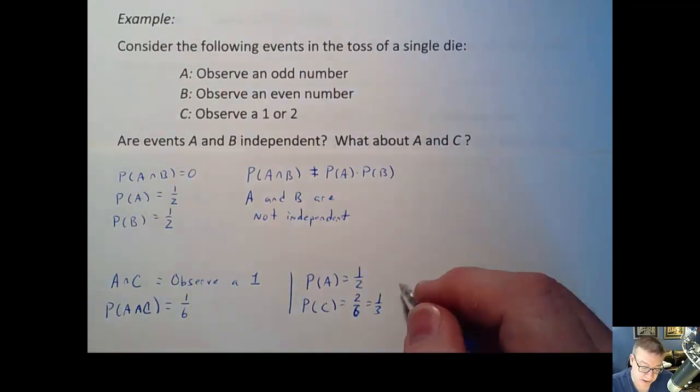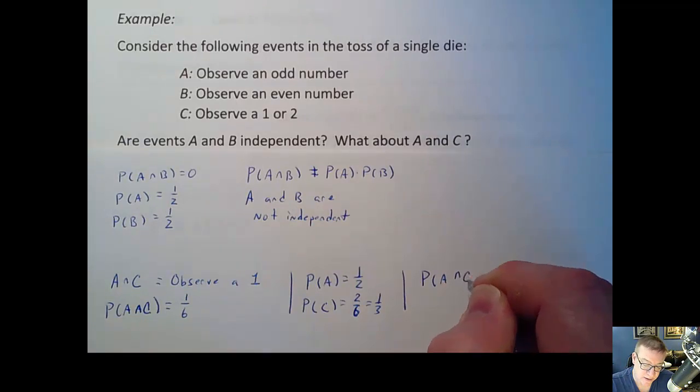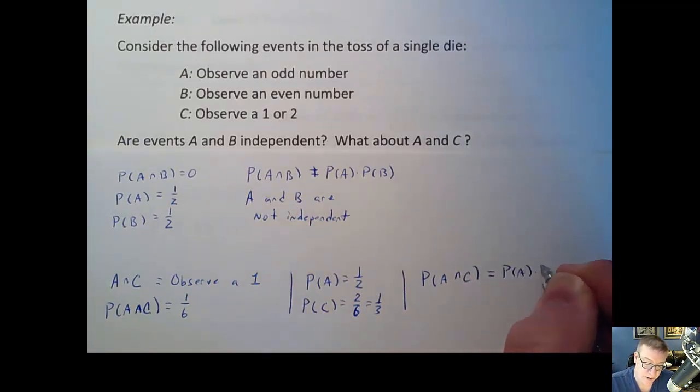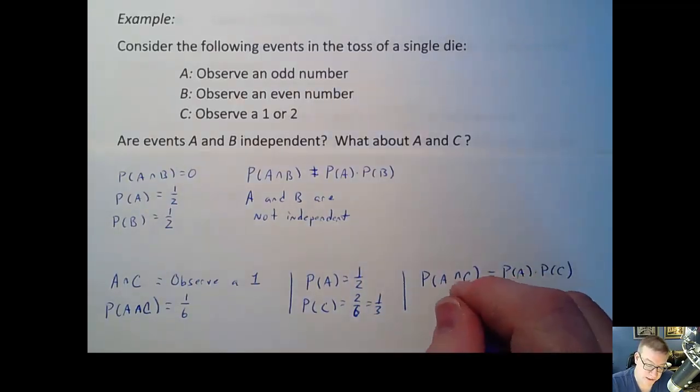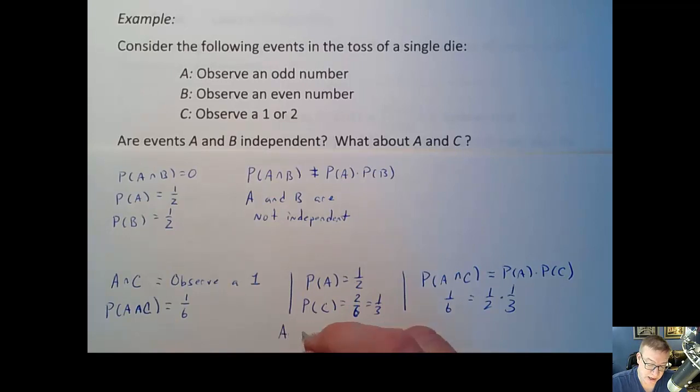And we can see from this that the probability of A intersect C is equal to the probability of A times the probability of C. That is, we have 1/6, which is equal to 1/2 times 1/3, and that's a true statement, which tells us that A and C are independent.